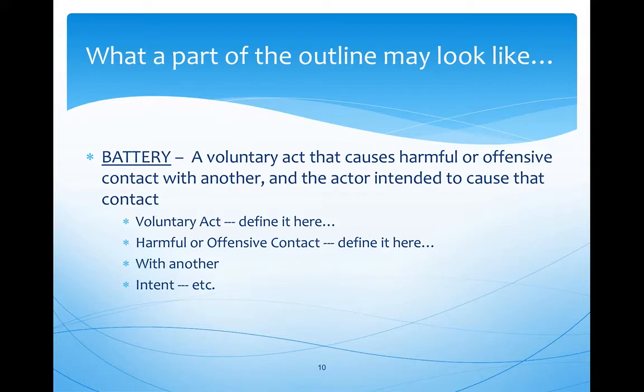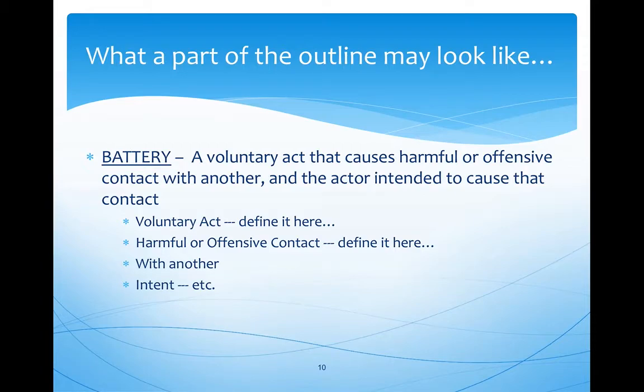So let's talk about what a part of an outline might look like. Again, we'll take battery as an example. With battery, here's another way to state the rule: a voluntary act that causes harmful or offensive contact with another, and the actor intended to cause that contact. See how that is the same thing as saying an intentional touching that causes harm or offense.